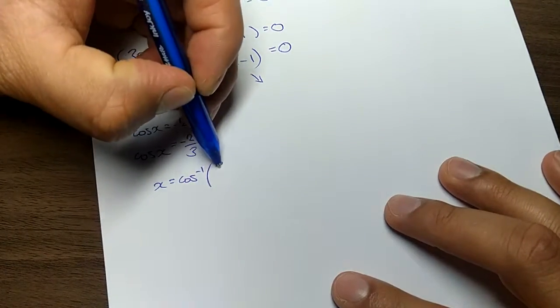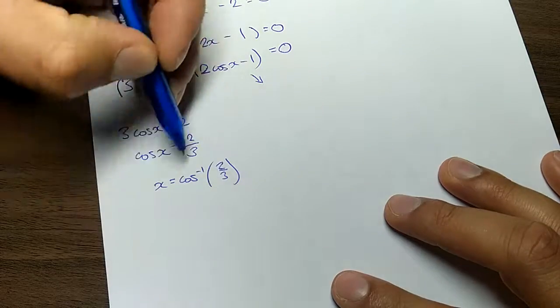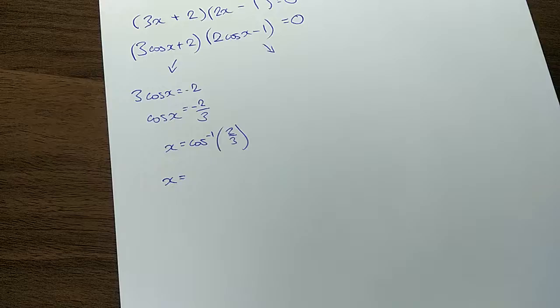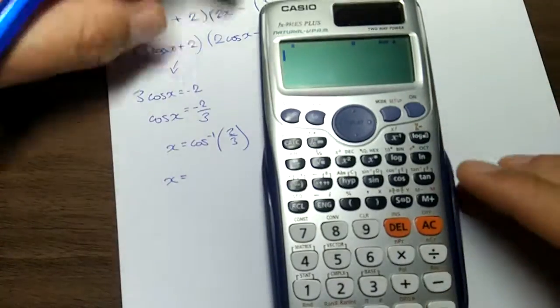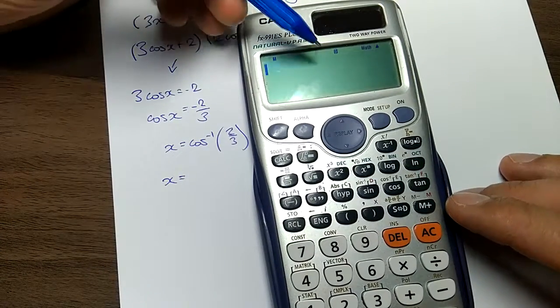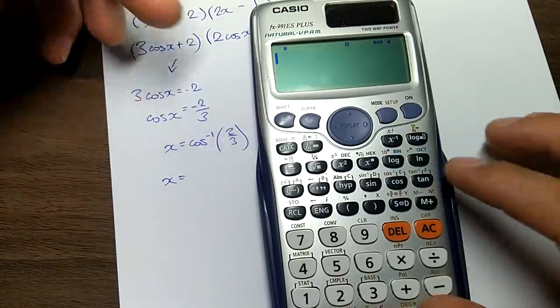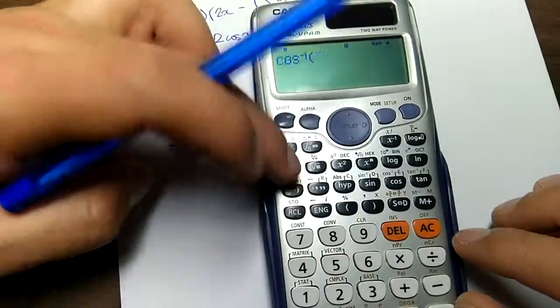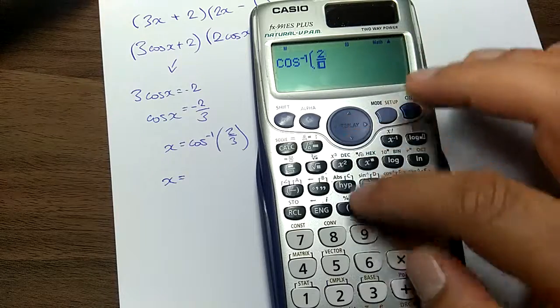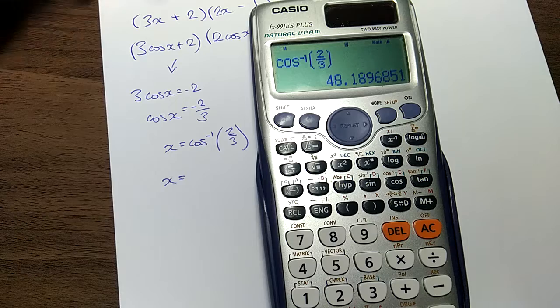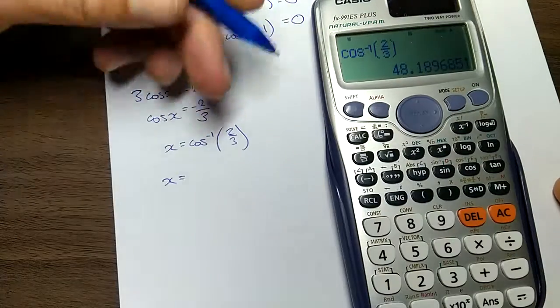We do not put a negative into the calculator. This would be a paper 2 question, calculator question, because it's not an exact value. So we grab our calculator, and we make sure it's in degrees, in the correct mode. So shift cos 2/3 gives us 48.2.